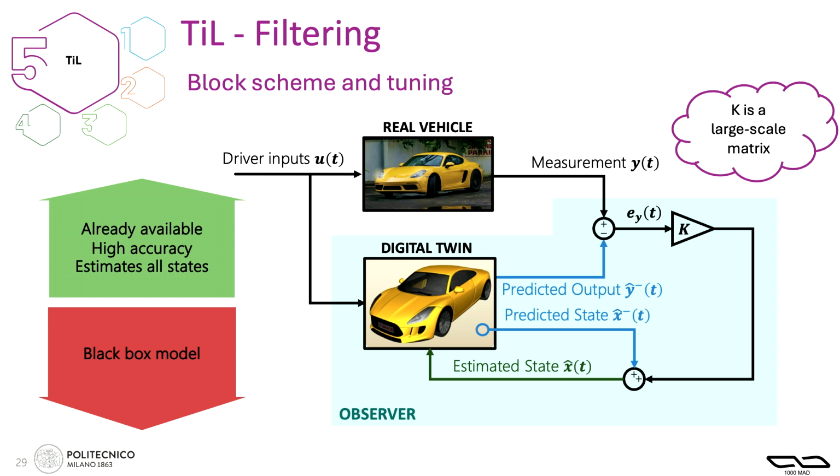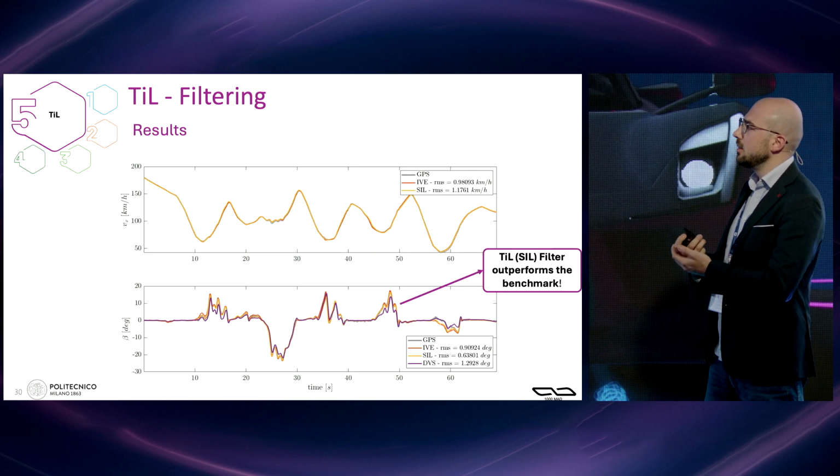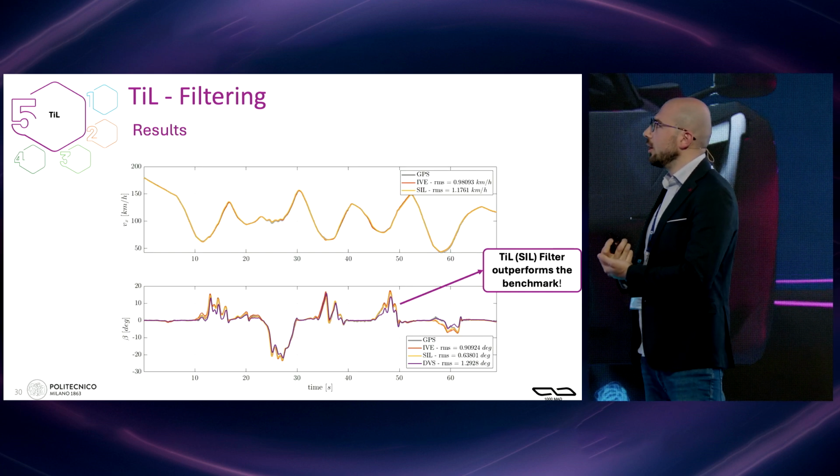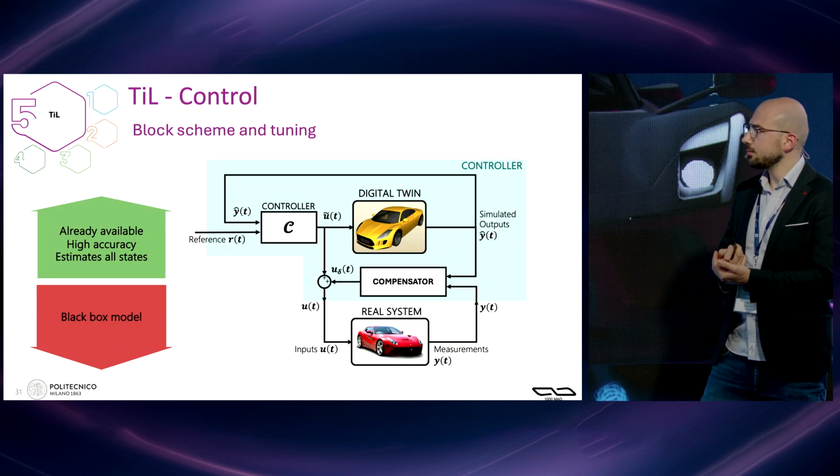The downside is that it's a black-box model, so it's very complex. You don't have all the equations. With that, you can compute the estimation, and based on that, you have the possibility to control all the states. This results in very good filtering performance of the state of the vehicle.